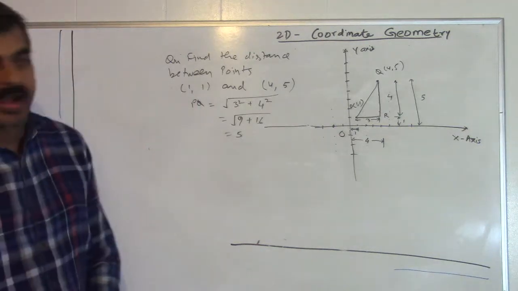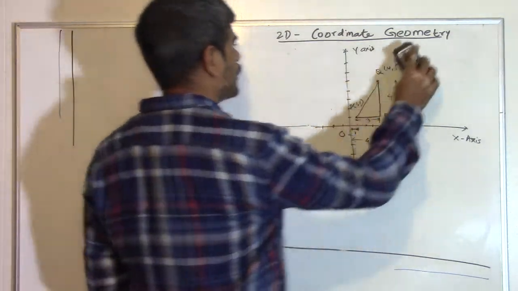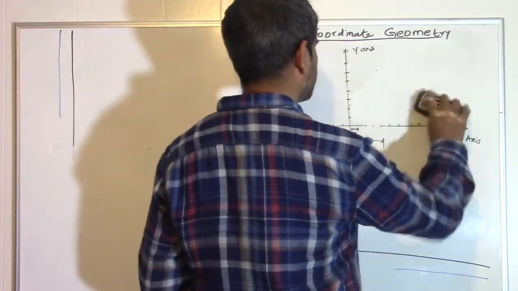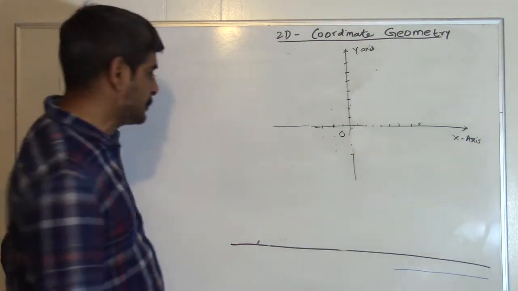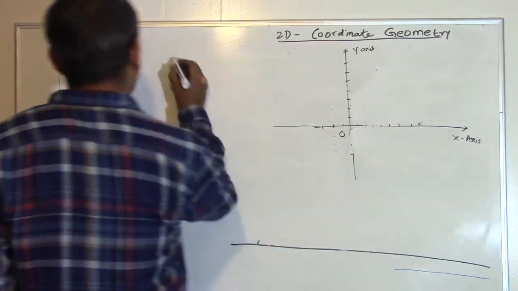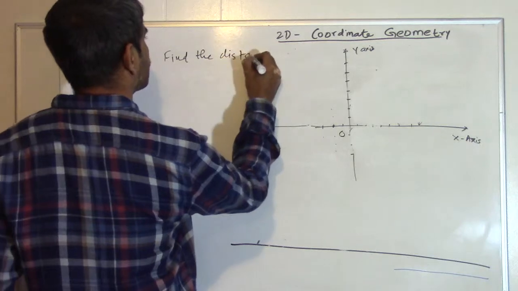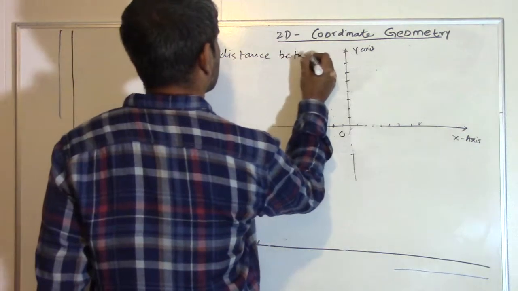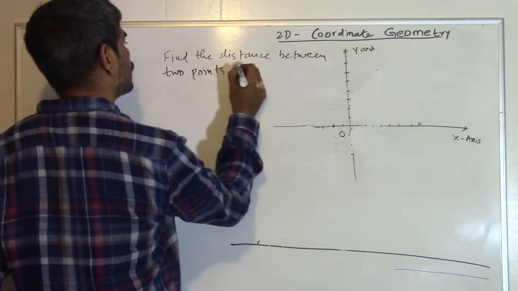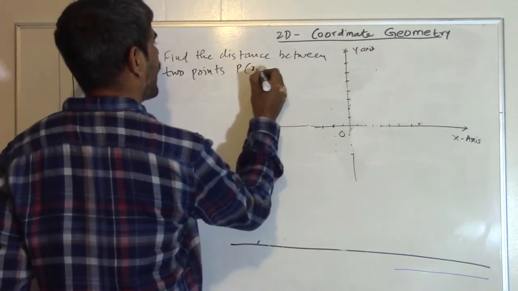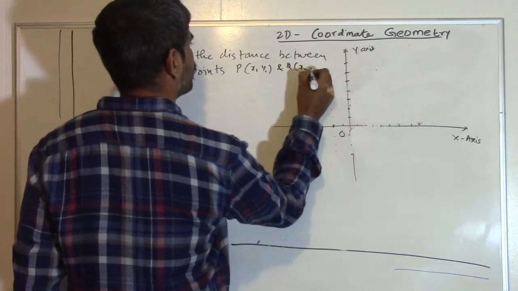We are going now to derive a general equation for the distance between 2 points. What we are given is, find the distance between 2 points, and its coordinates are given as x1, y1 and Q is x2, y2.